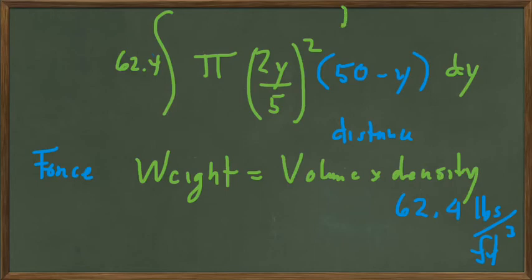Let's have all the things multiplied together that represent the force be in this green color. So that's the density, pi times the radius squared, and the thickness, and then the distance that slice is moved is that 50 minus y.